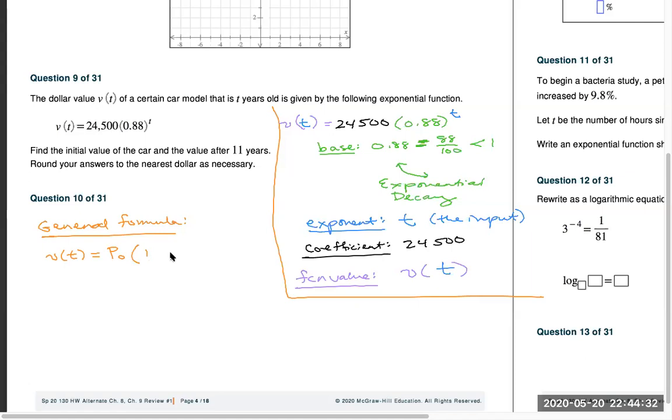Times 1 plus r to the t power. P sub 0 is that coefficient you're seeing. And that's essentially, actually, I don't want to use a p there. Let me get rid of this for right now.